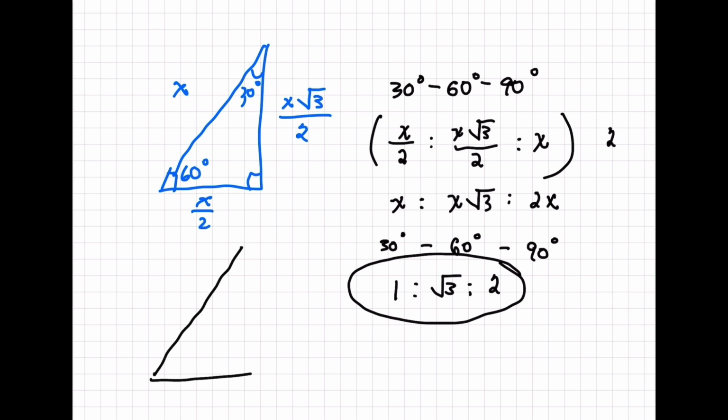This is how it's now going to look. 60, 30, and 90. Then opposite 60 is the longer leg. Opposite 30 is the shortest. And opposite 90 is the longest. So we already have the sides opposite and adjacent to each angle here, 30 and 60.